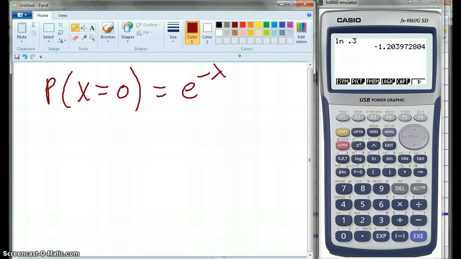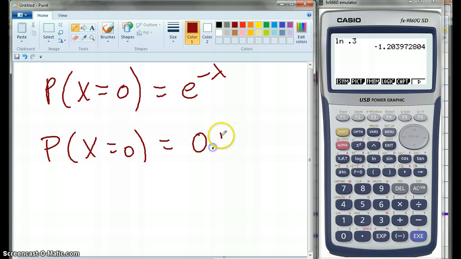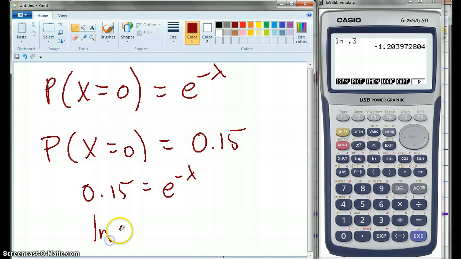So what have we got? We've got the probability of there being no hurricanes equaled 15% of the years, 0.15. So we know that 0.15 equals e to the negative lambda. So natural log of 0.15 equaled, or negative that equals lambda.